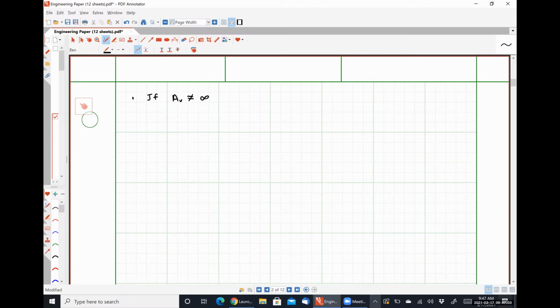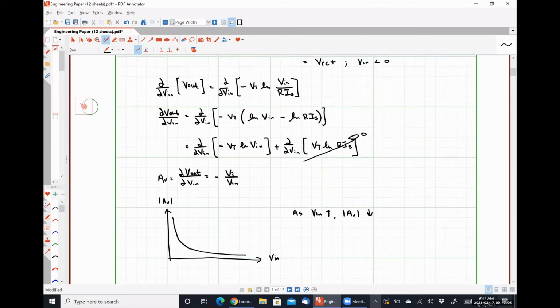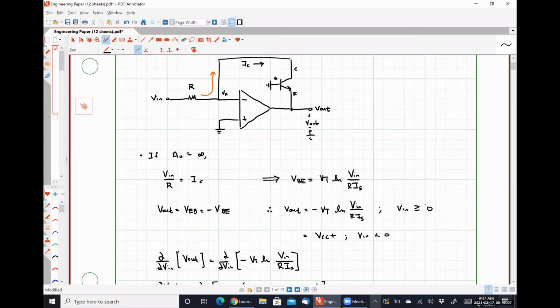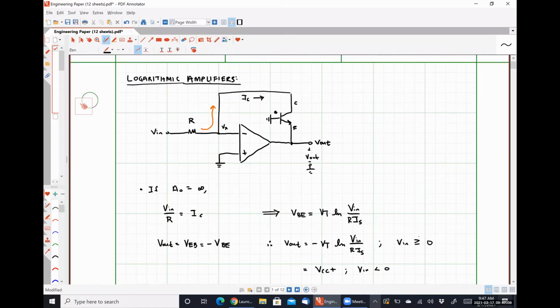So we're going to have the same basic relationships. The only change that we're going to see is that we're not guaranteed that Vx is 0 anymore, right?